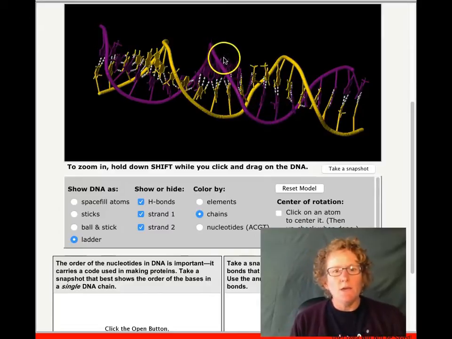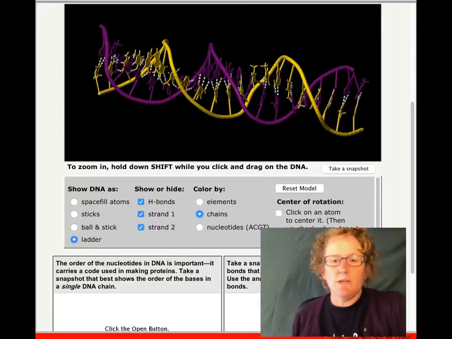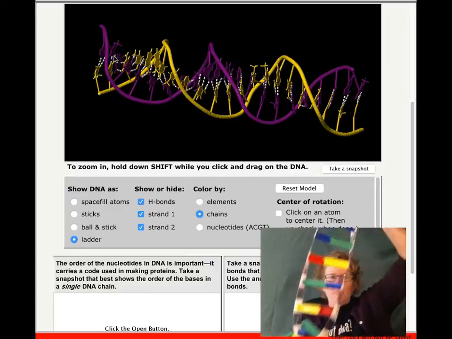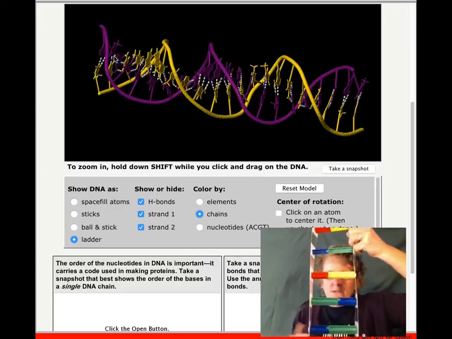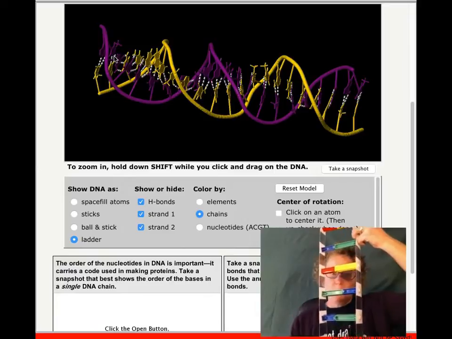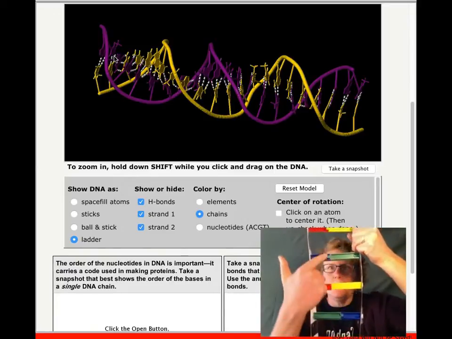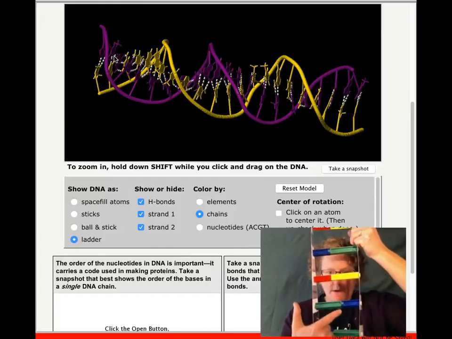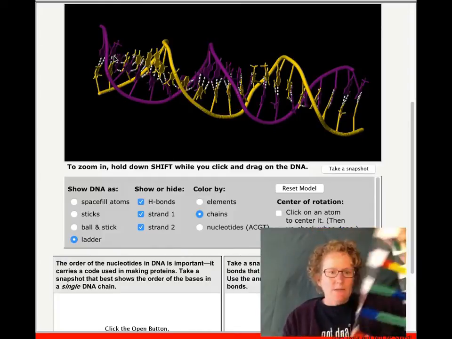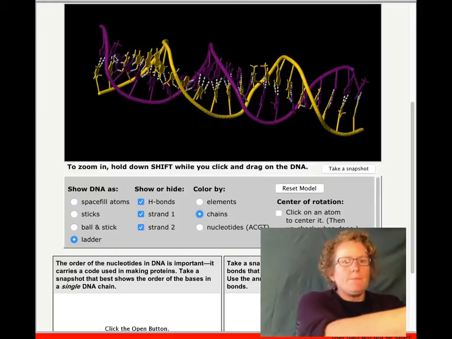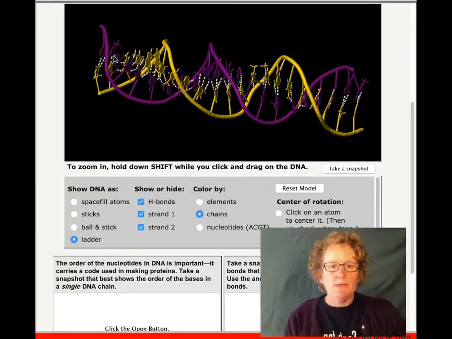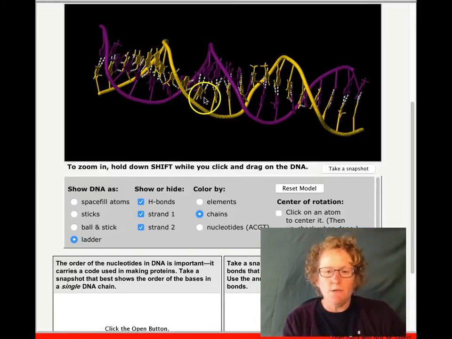So there's two sides of these ladders, just like our model here. The two sides of the ladders would be the yellow and the purple, and they twist up. And in the middle here, the two bases come together and form hydrogen bonds. And this is our best view here, so you can take a screenshot.